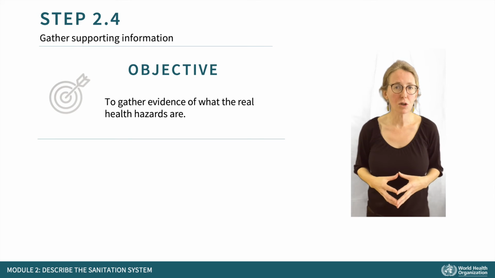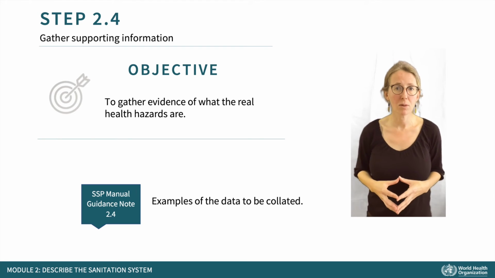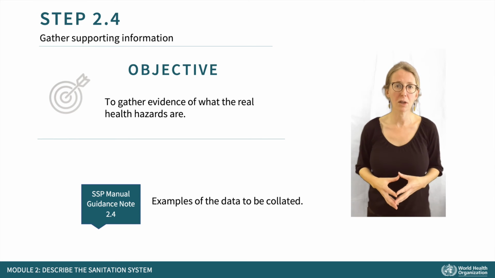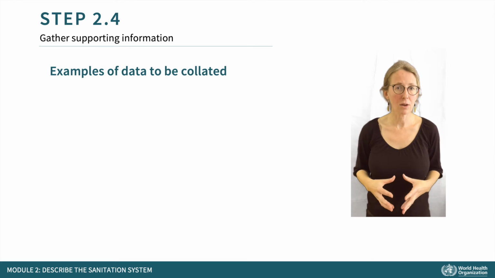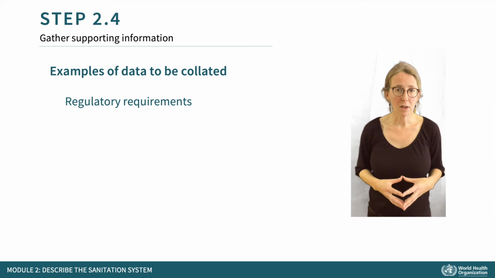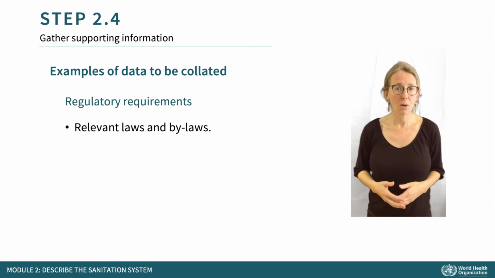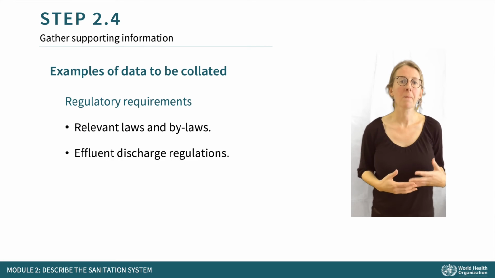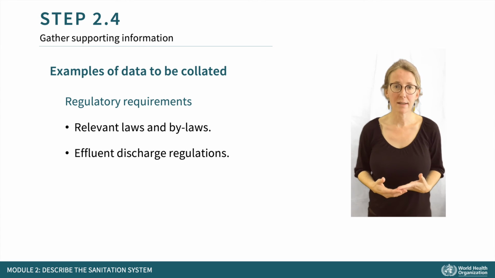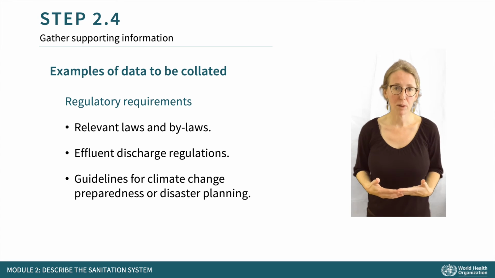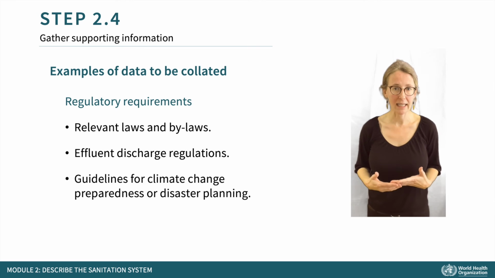The guidance note 2.4 of the SSP manual includes examples of data to be collated. These include regulatory requirements such as the relevant laws and bylaws, effluent discharge regulations, guidelines for climate preparedness or disaster planning.